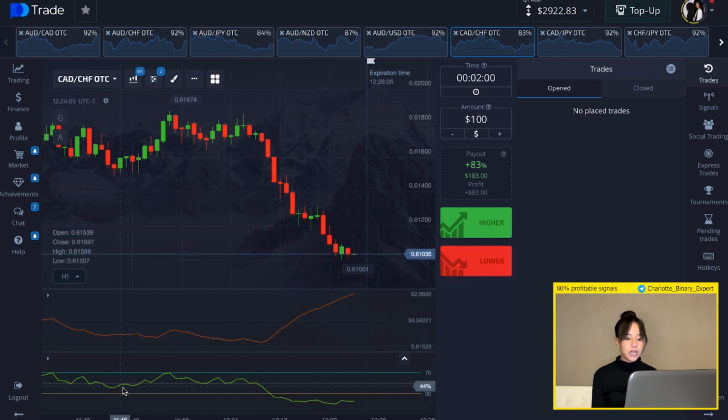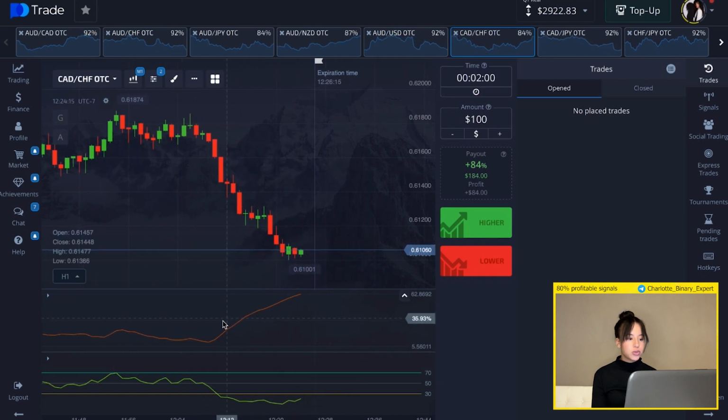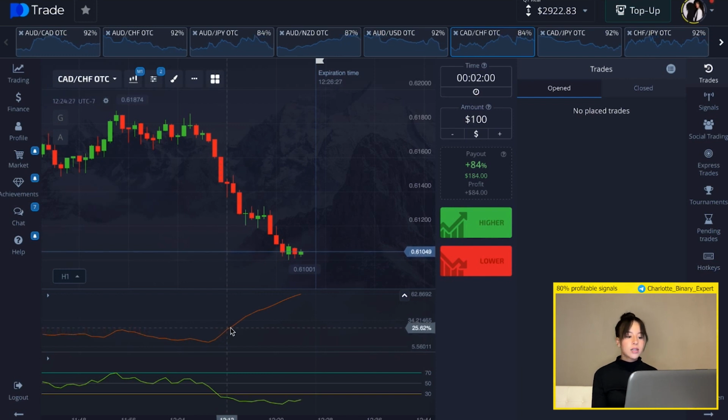So we'll trade only when the ADX indicator is above the level of 25. It should cross the line 20 from the bottom up, after which it should cross the line 25 from the bottom up. And at this moment we can open trades for trend continuation until the moment when the price is in the overbought or the oversold zone on the RSI indicator.